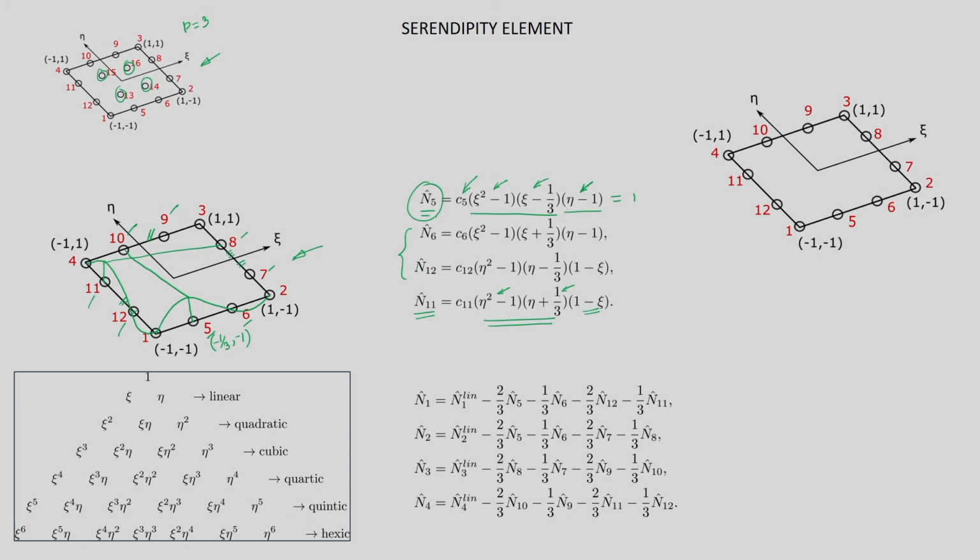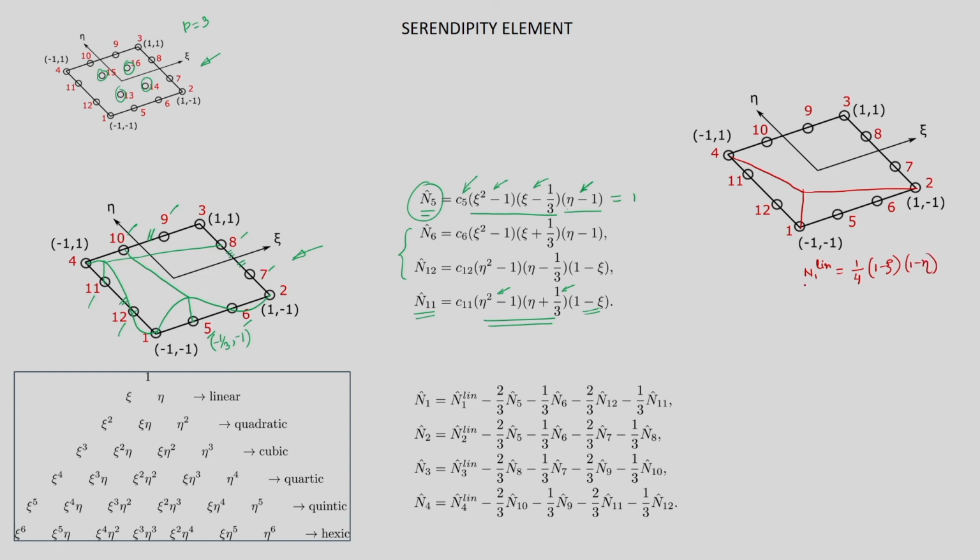Now, once we have constructed N5, N6, N12, N11, we can construct N1. How does N1 look? We said that N1 linear varies linearly with xi and eta. We knew N1 linear as 1 by 4, 1 minus xi, 1 minus eta.